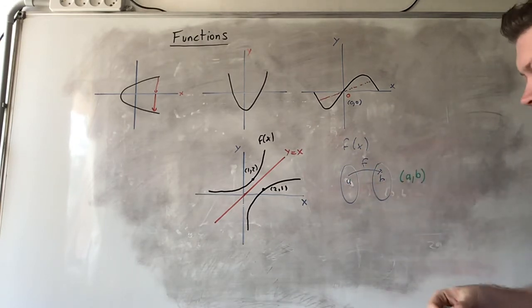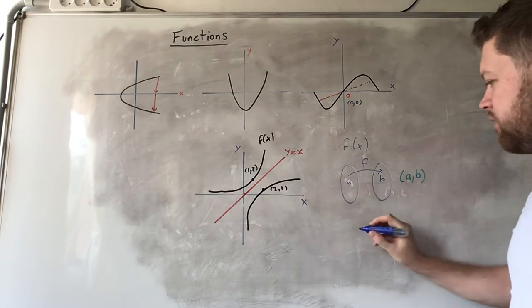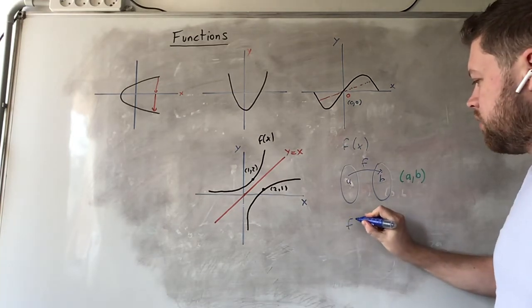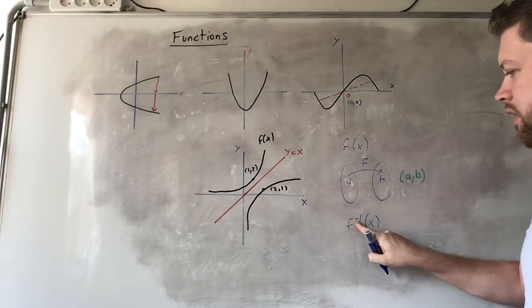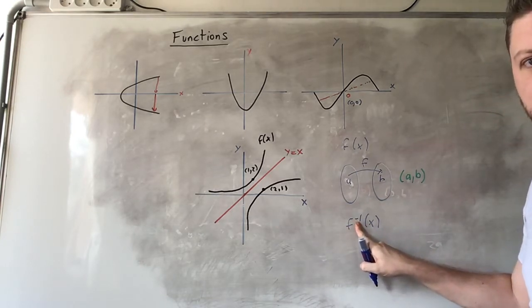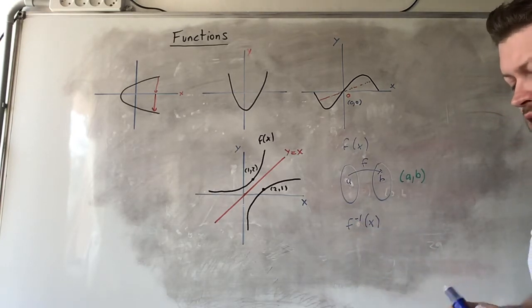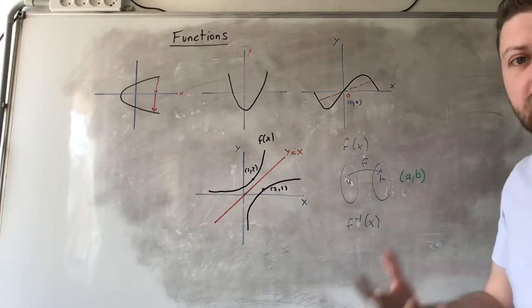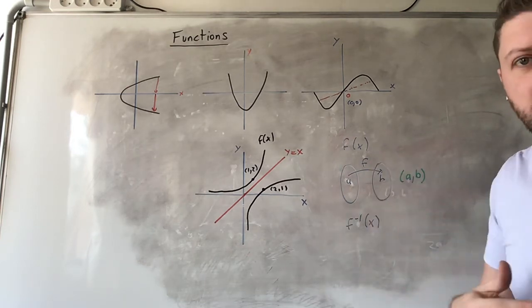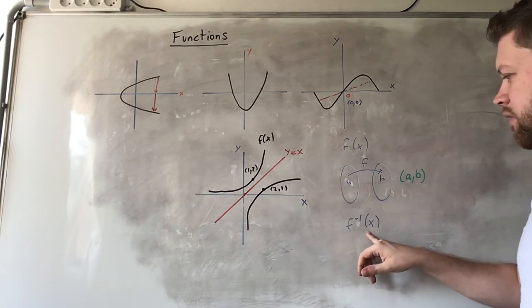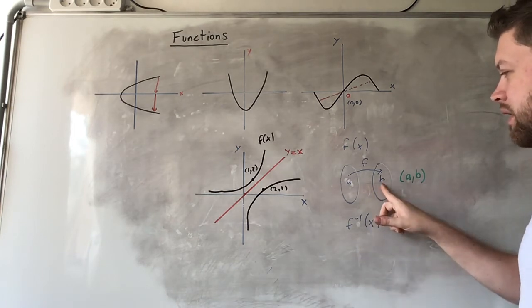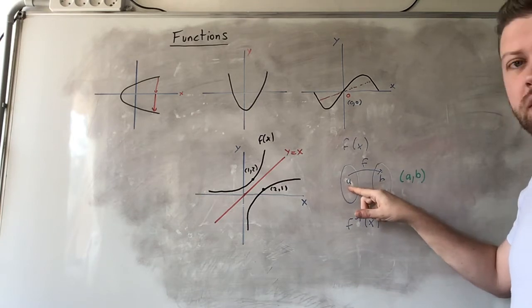Well, think about what the inverse function would do. This little -1 here as a superscript just means inverse. Okay, and the idea of an inverse is very simple. The inverse of anything is the opposite in some sense. So what the inverse function does is when you put in b, it gives you a.